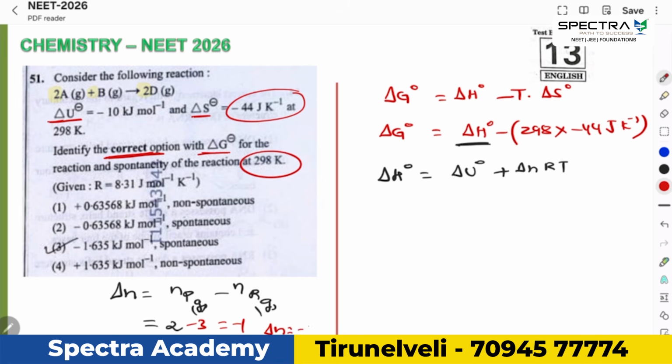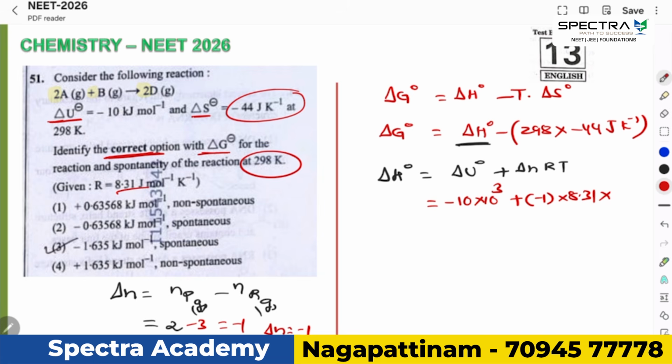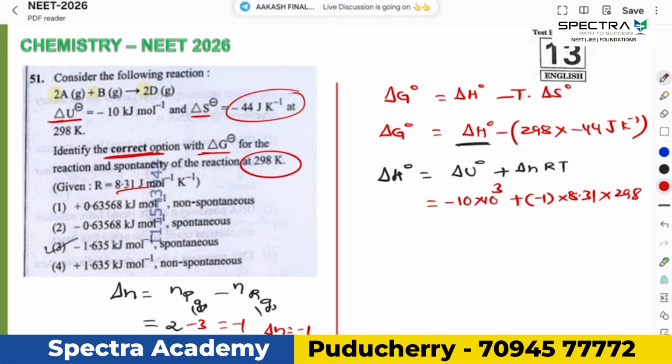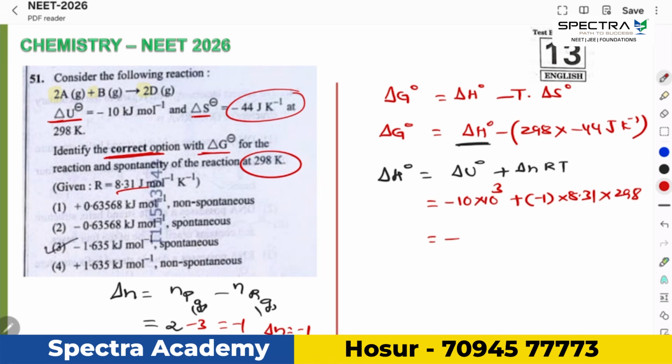So delta N is equal to minus 1. Delta U is given as 10 kilojoules. Kilojoules you can convert into joules, 10 to the power of 3, plus delta N is equal to minus 1. R value they mentioned 8.314, temperature they mentioned 298. After solving this, you will get a negative value here.